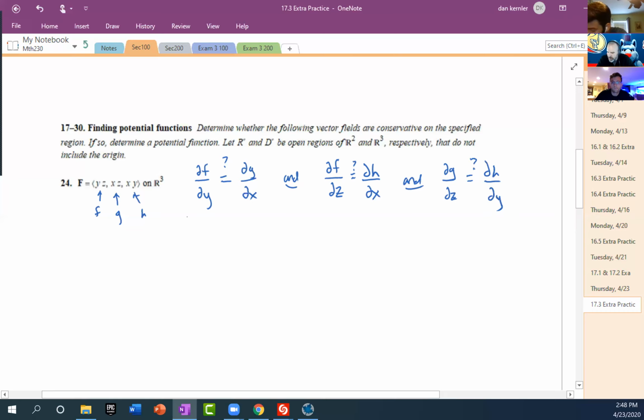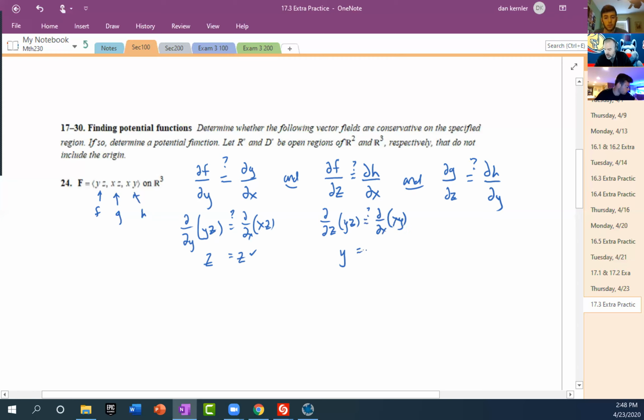Let me write a couple steps out. The partial with respect to y of yz would just be z. The partial with respect to x of xz would also be z. So that one's good. Partial with respect to z of yz will just be y, and the partial with respect to x of xy, also y.